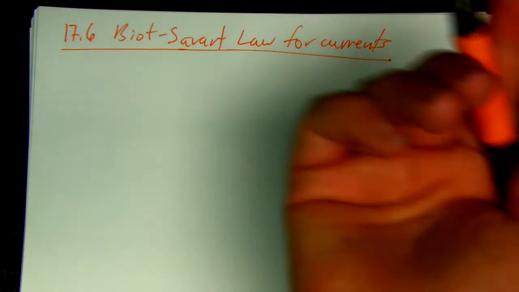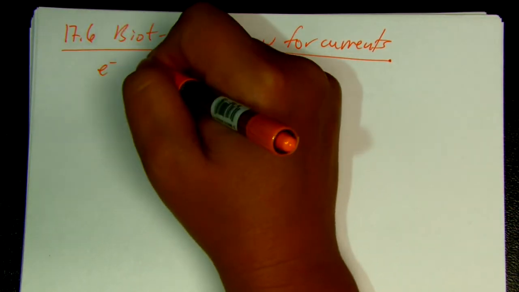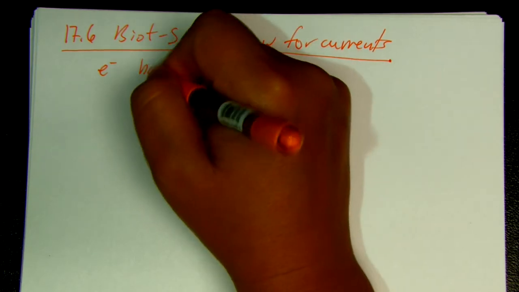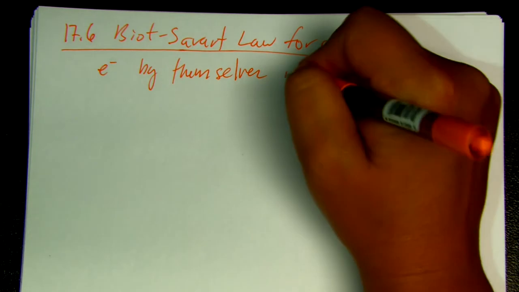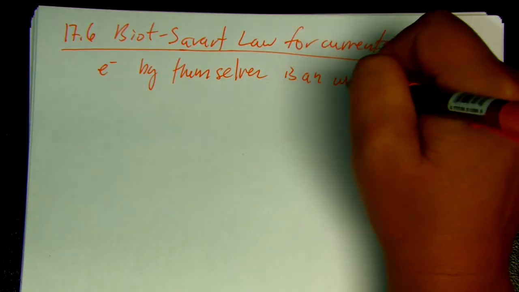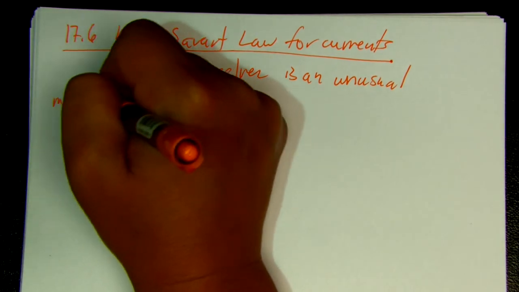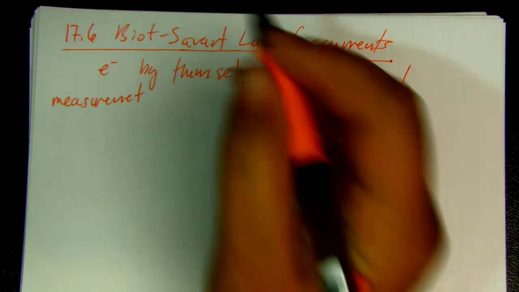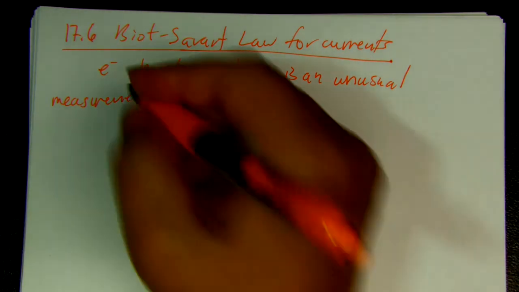So, naturally, in the real world, we typically don't observe electrons by themselves unless you're doing a precision measurement, which is an unusual measurement. So we need to have some way to sustain charges in constant movement, which is what a current is.